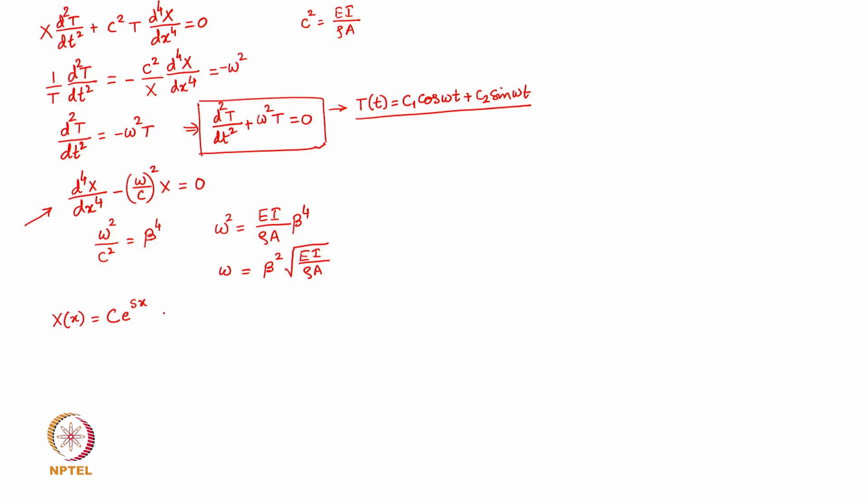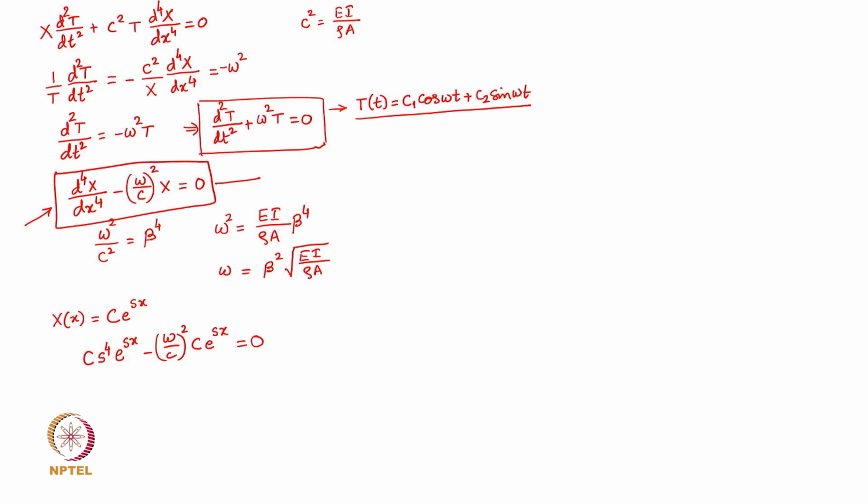If we assume the solution of this particular equation as X of x equal to C e to the power sx and substitute that in that equation, we basically get C, as an assumed constant, s raised to power 4 because it is the fourth derivative here, e to the power sx minus omega over c whole square, and this capital X, is essentially C e to the power sx, as we have assumed, equal to 0.